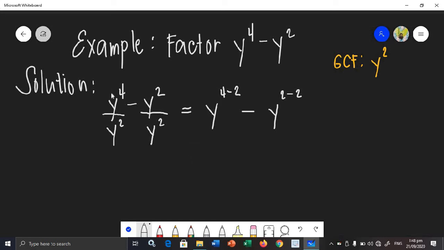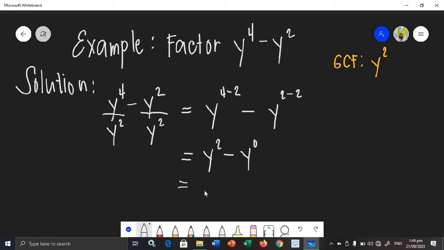In this case, parehong y yung base nila or yung variable nila. Therefore, we need to subtract their exponents. So this will be y raised to 4 minus 2, that is 2, minus y raised to 2 minus 2, that is 0.